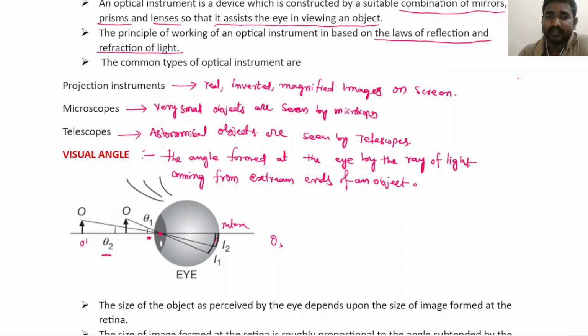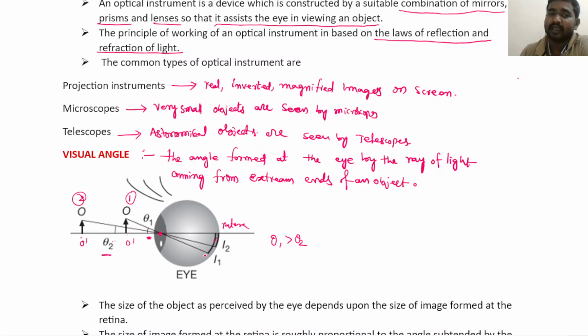Definitely theta 1 here is greater compared with theta 2, meaning the angle subtended by the extreme ends of an object at the eye at this location. Let us take it as your first location and this as your second location. At the first location, the visual angle subtended is theta 1. When the object moves far away from the eye, the visual angle subtended by the object at the eye is theta 2.